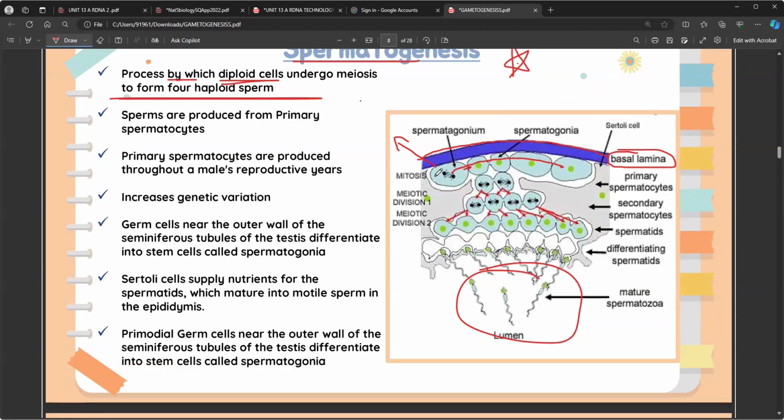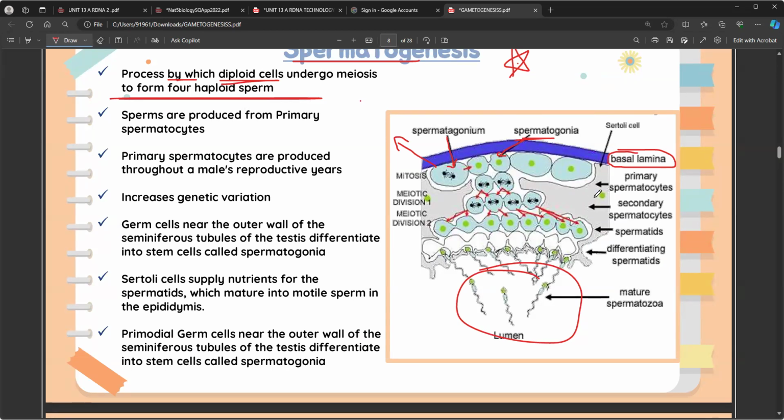What happened to these germ cells, friends? These germ cells located near the basal lamina, as a part of the development, get differentiated into spermatogonia. No point of getting confused, friends. Actually, it is a germ cell, and as a part of the development, it gets differentiated into the spermatogonia.